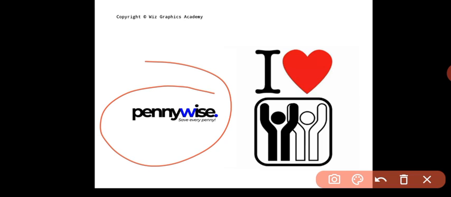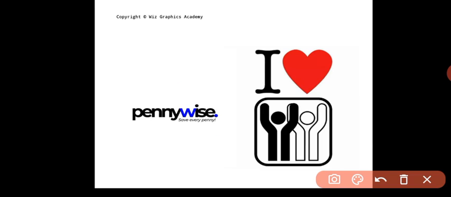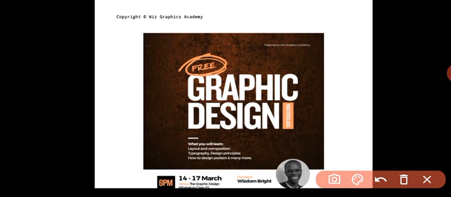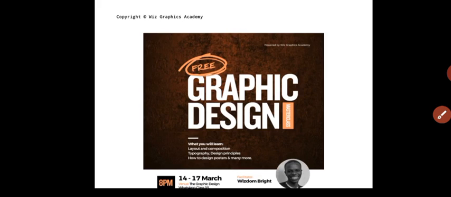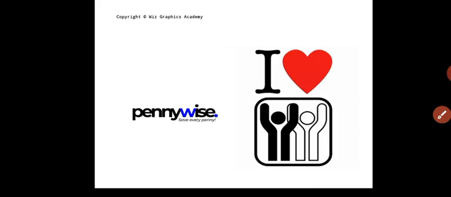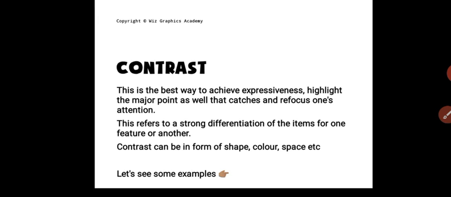Don't worry, I'm going to show you this on a particular design. I said contrast means something that refocuses someone's attention, or that catches someone's attention, and it is used to highlight.